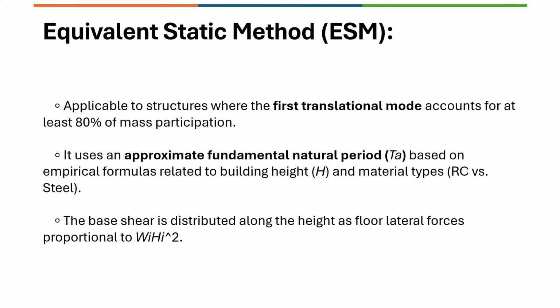Regarding the equivalent static method, so it is applicable to structures where the first translational mode accounts for at least 80% of mass participation. This has to be ensured to use only the equivalent static method. So for this, we'll have to perform a modal analysis and find out the modal mass participation ratio.